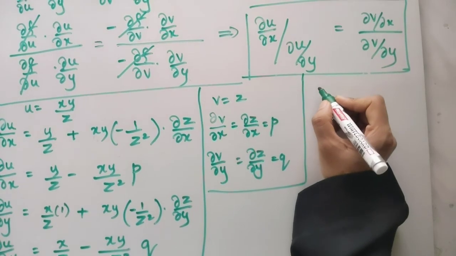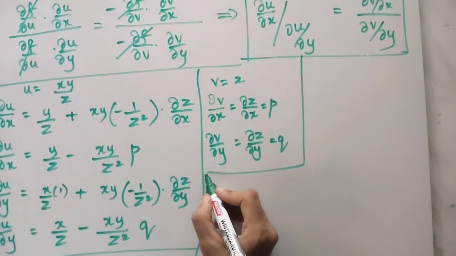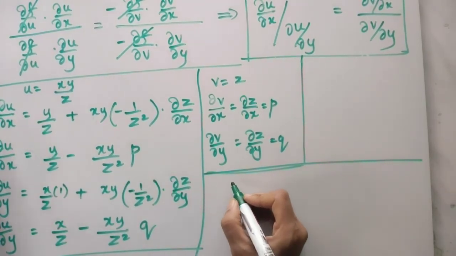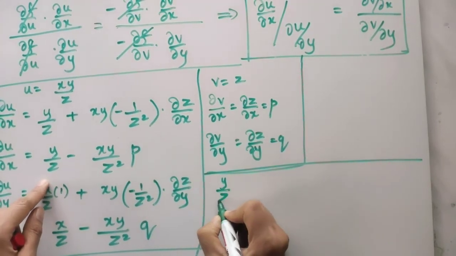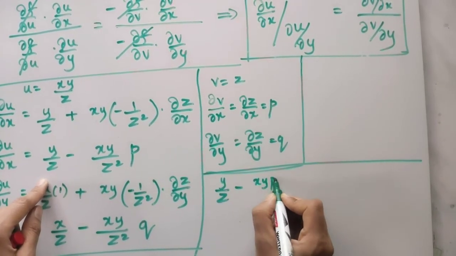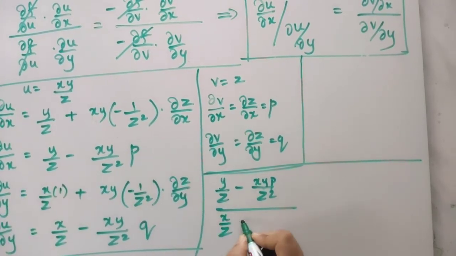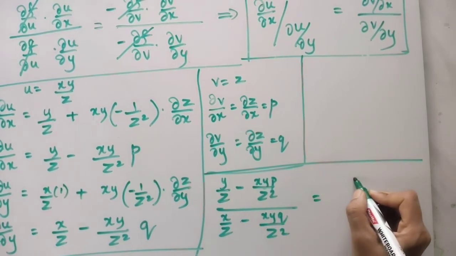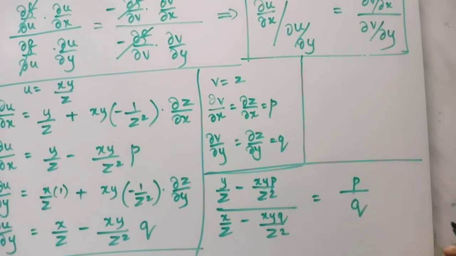Okay. So what do you get ∂u/∂x as? I'll do the substitution here now. ∂u/∂x is y divided by z minus x into y p divided by z square, whole divided by x by z minus xy q divided by z square, is equal to ∂v/∂x divided by ∂v/∂y, which is p divided by q.